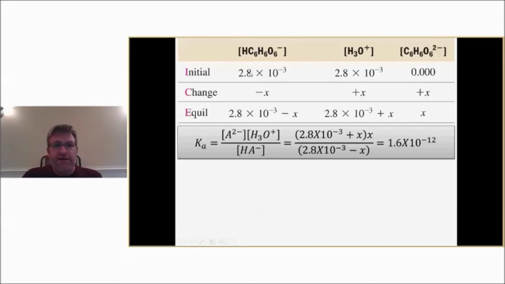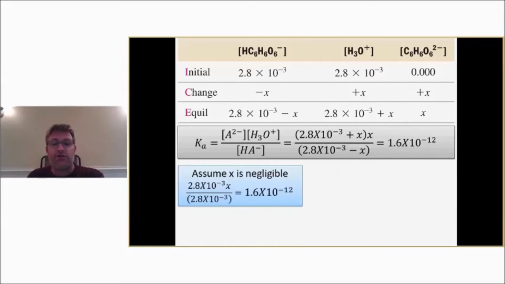So then we have another icebox equation, but now, of course, because we have two different initial non-zero concentrations, we have two different expressions, okay? And we get this Ka expression for the second reaction. Now we can once again assume x is negligible, getting rid of this plus x and this minus x, okay?